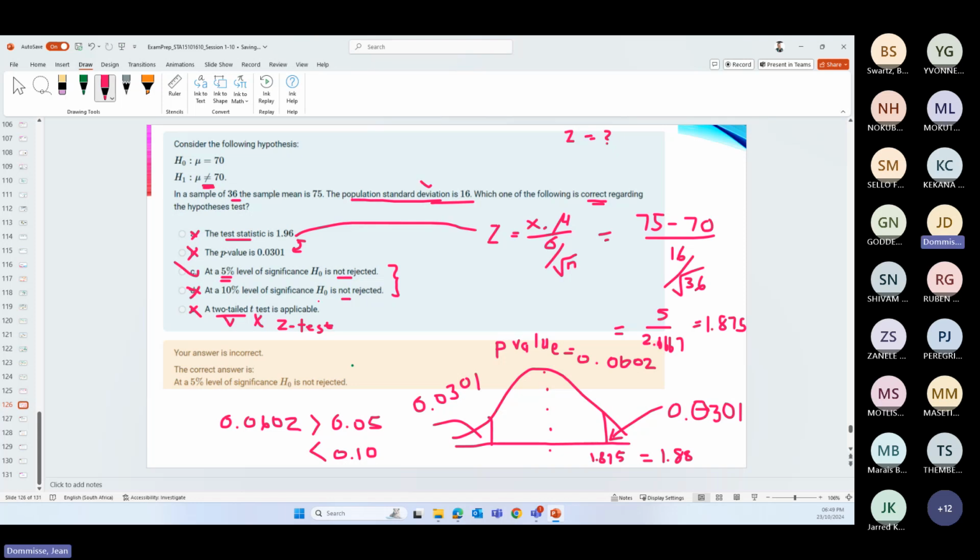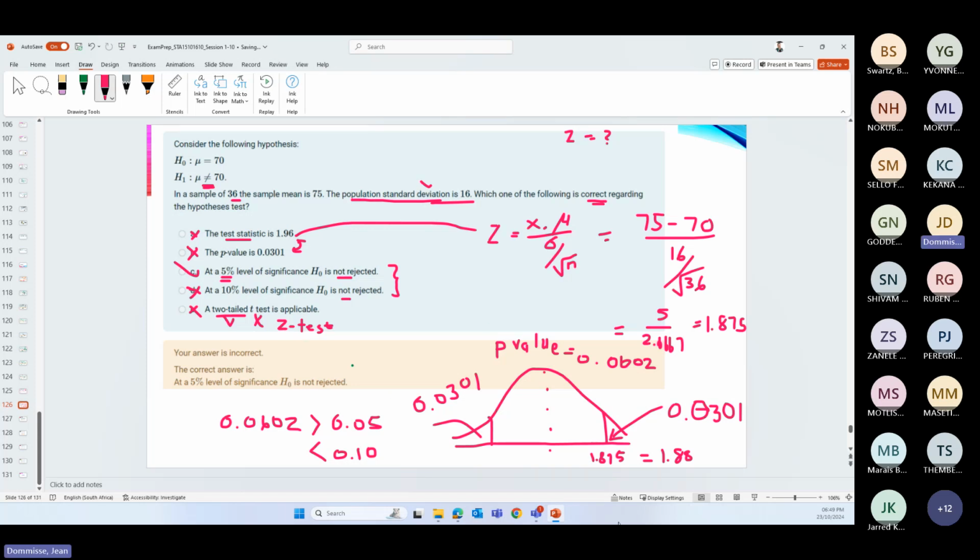And just that is where the importance of a p-value comes in, because if you set 0,03 as the p-value, then that would have been smaller than 0,05, and it would have been smaller than 0,1. So then you would have said both of them are wrong and option B is correct. So very important, again, identify that it's two-tail, but it's a two-tail with a Z test.